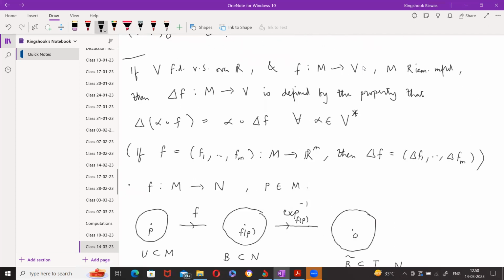What is the Laplacian of a vector valued function, say taking values in R^m?